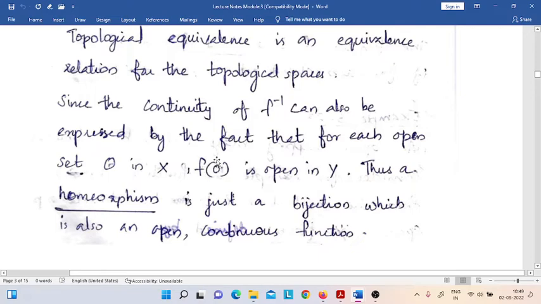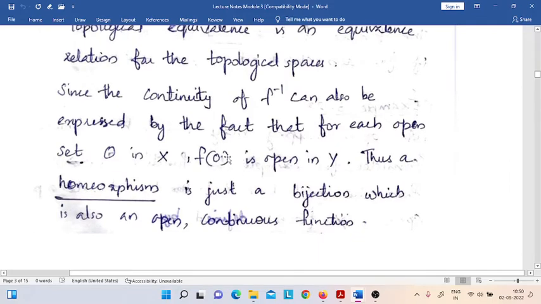So if f is an open mapping, where f is defined from X to Y, then if its inverse function exists, f inverse is a continuous function. Or in other words, if f inverse, for a function which exists from X to Y, is a continuous function, then the function f will be an open mapping.